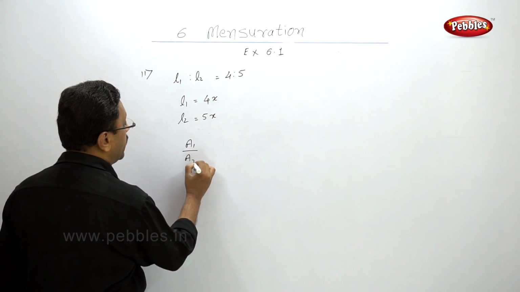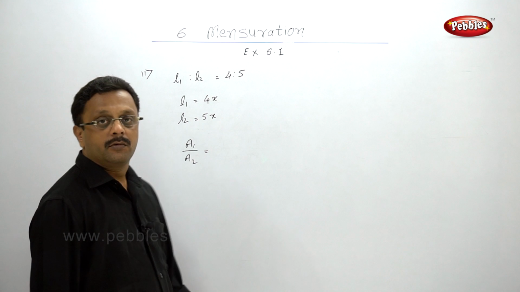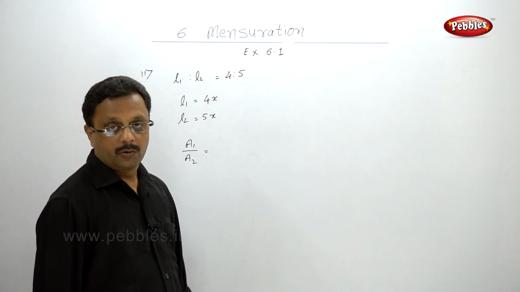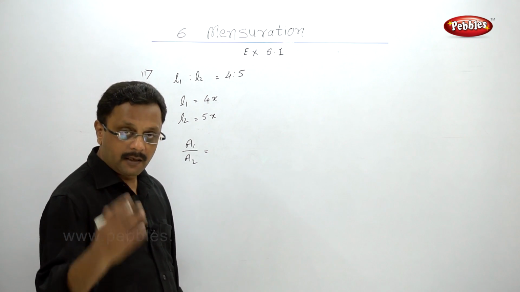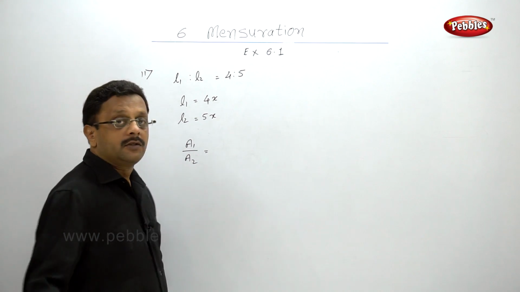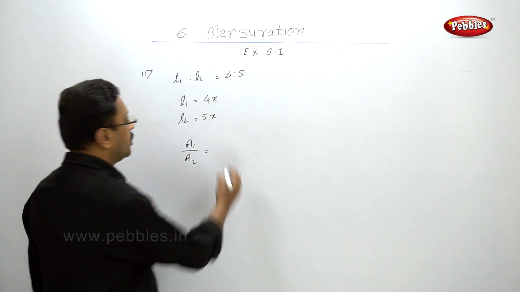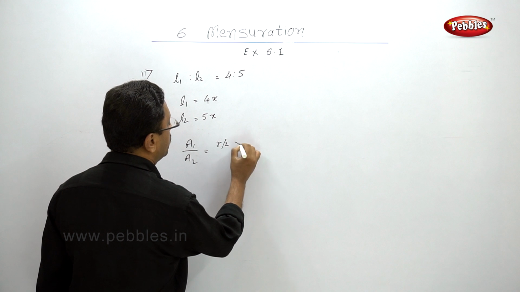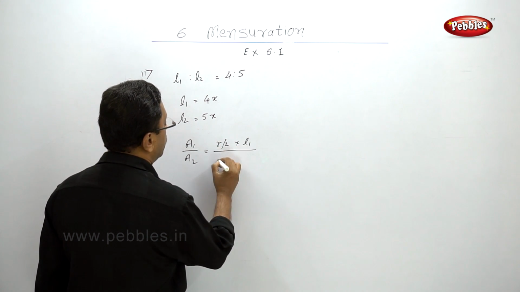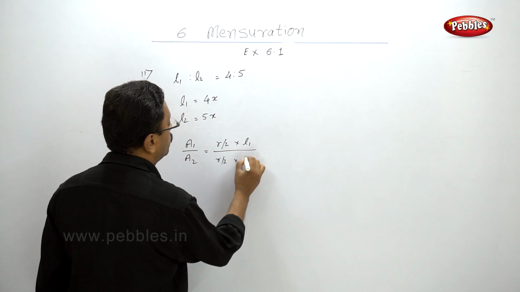A1 upon A2 is equal to R upon 2 into L. Now same circle means radius is same. So it is R by 2 into L1 and R by 2 into L2.